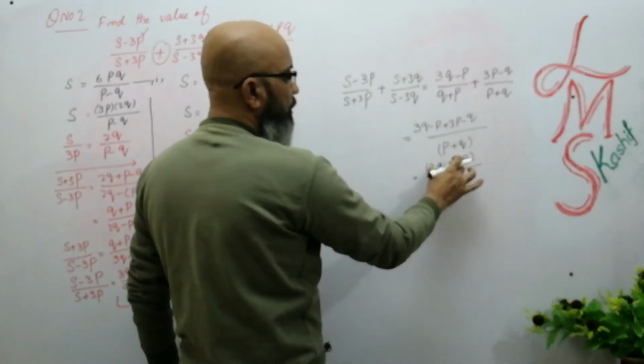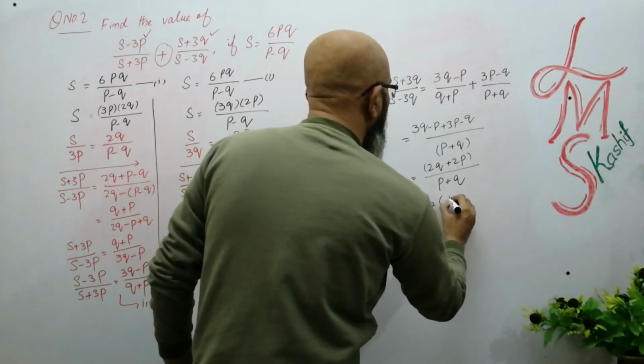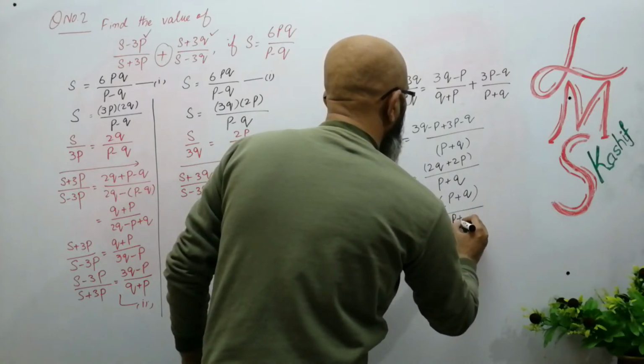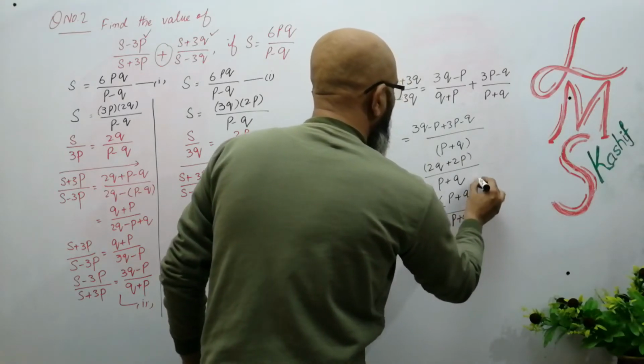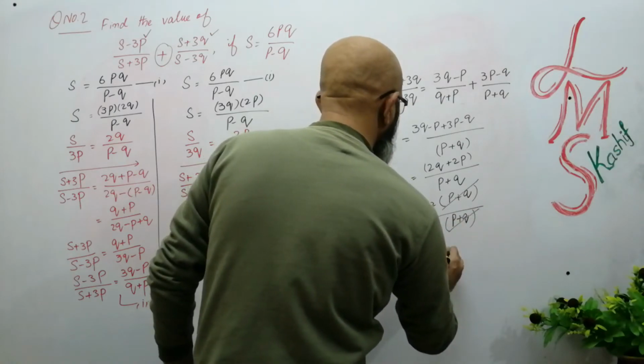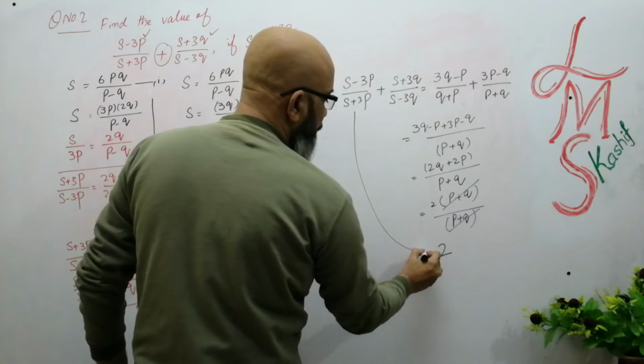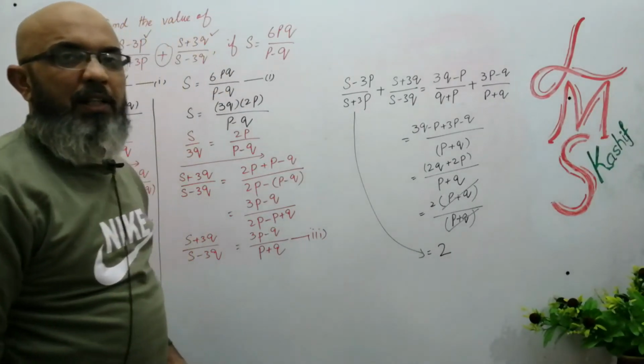What is common here? 2 is common here. So what we get? p plus q over p plus q. The whole bracket will cancel. So the value of this is 2. That is your required answer.